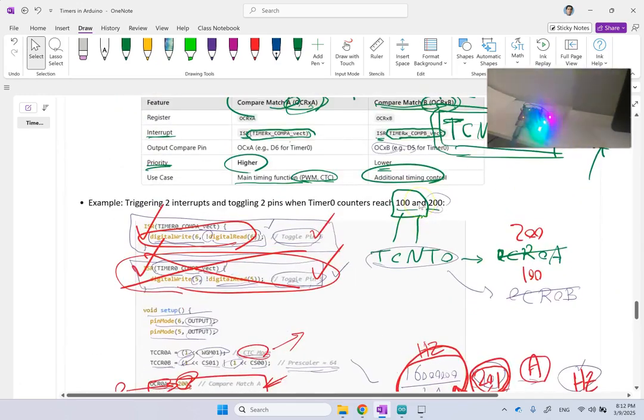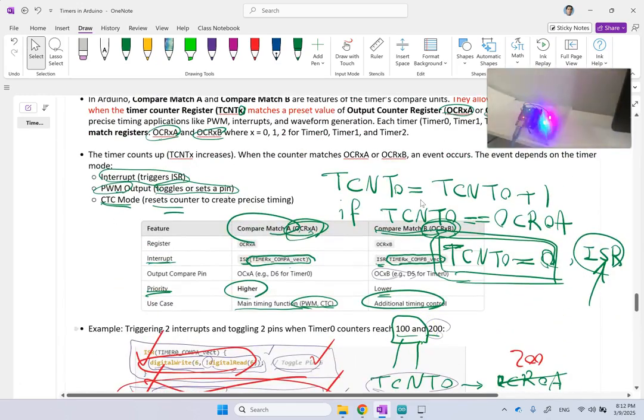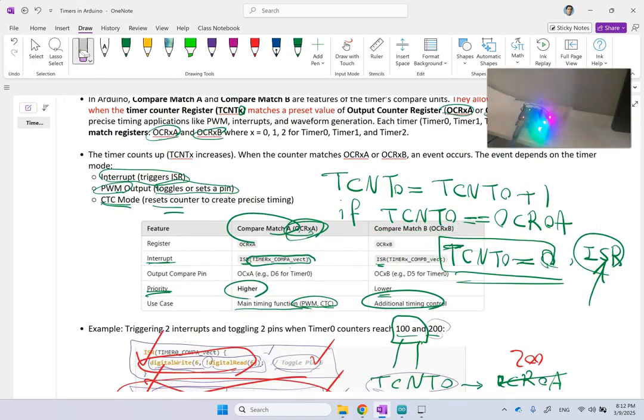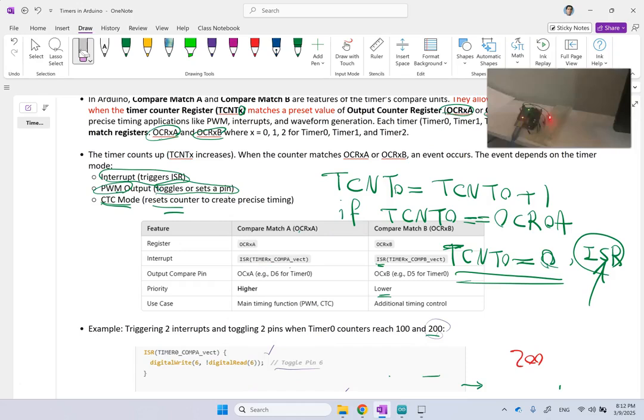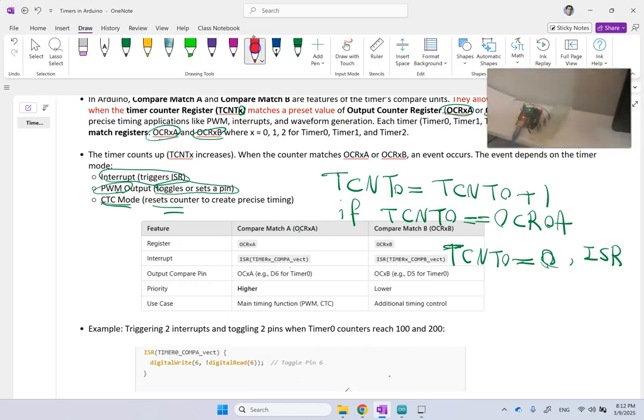Look, if I go back to the scenario here, let me clean up a little bit so you can see. In CTC mode, you allow your counter to go up, up, up until it reaches this OCR number. When it does, you reset it back to 0 and you can activate an interrupt or whatever you want. But if you run it in normal mode, guess what?